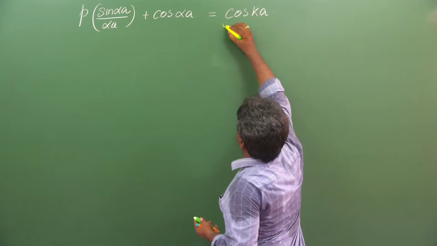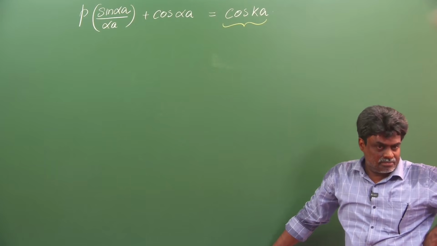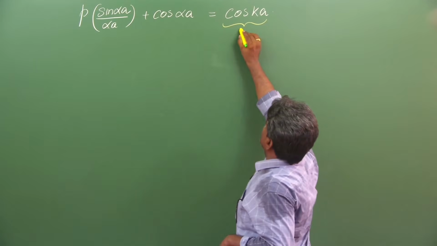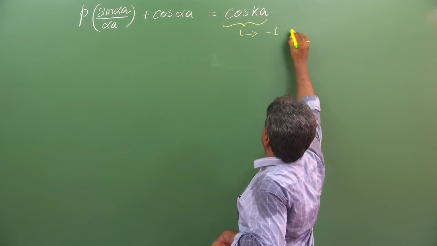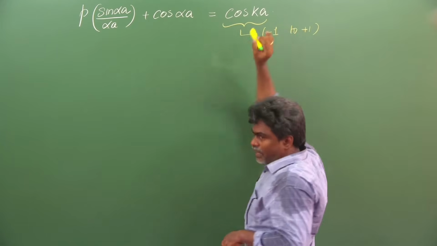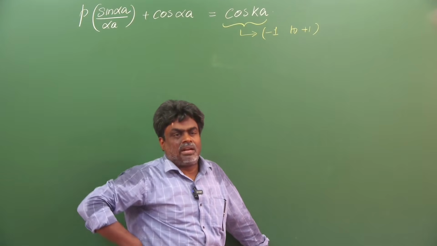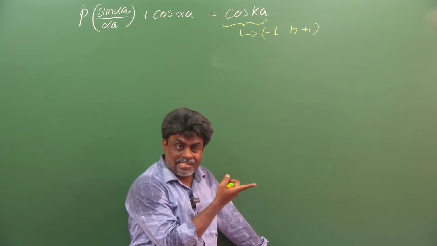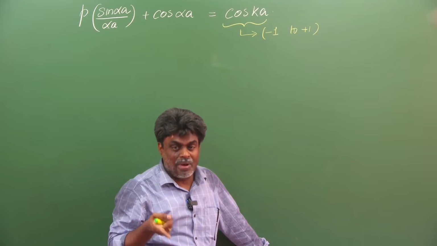Please focus on this right hand side. What is that? Cos kA, cos theta. Am I right? What is the minimum value? -1. Maximum value? +1. So your right hand side must lie between -1 and +1. Maximum value +1, minimum value -1.